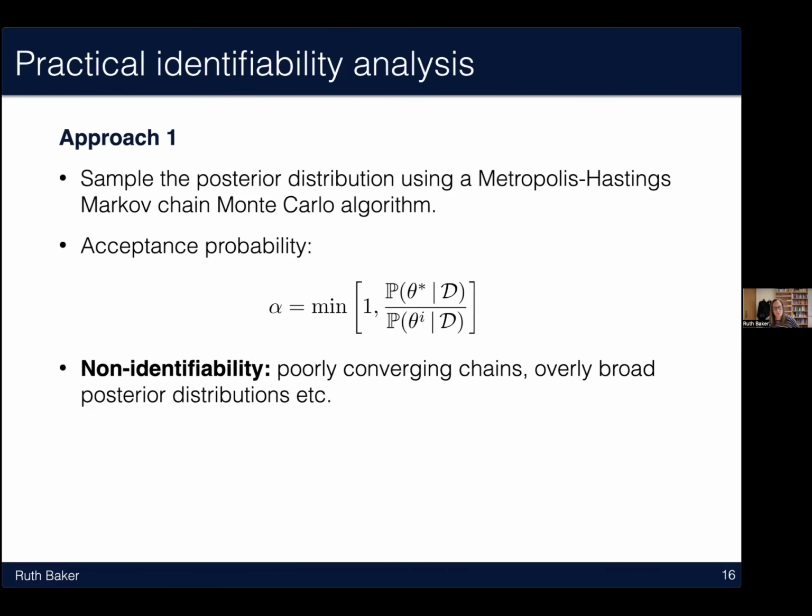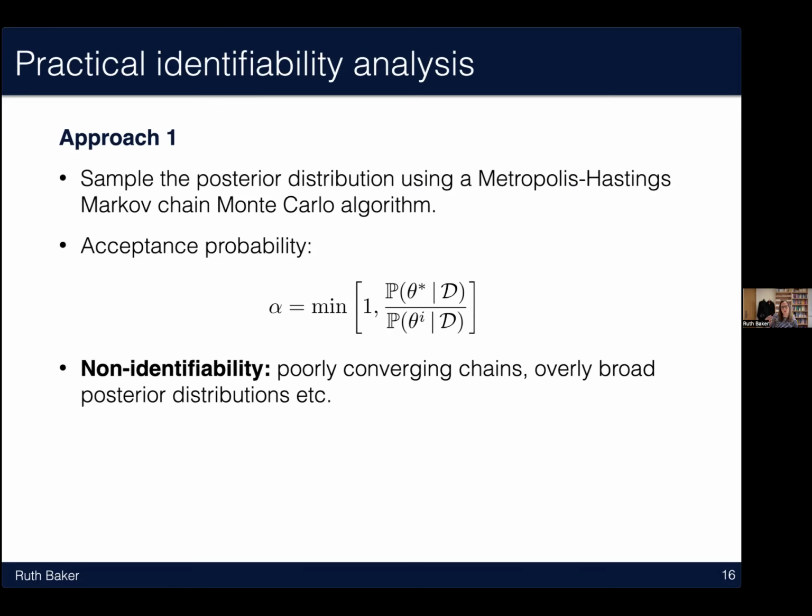There are some different approaches to establishing practical identifiability. The first one is effectively to estimate the posterior distribution of your model parameters and then look at the qualities of that posterior distribution, for example the bivariate marginal distributions.